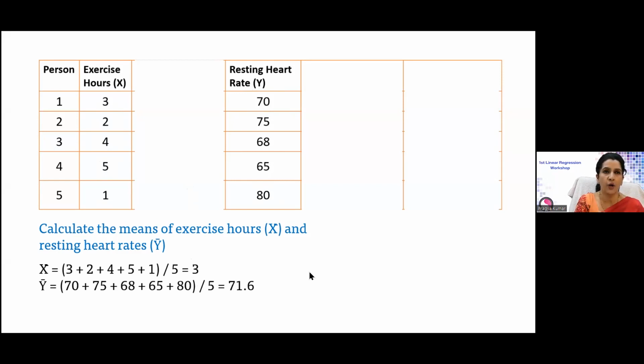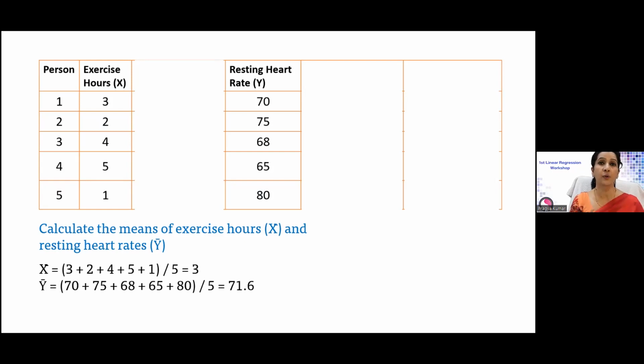Have you understood up to this point? I have just calculated the individual means of the exercise hours per week and the resting heart rate Y.